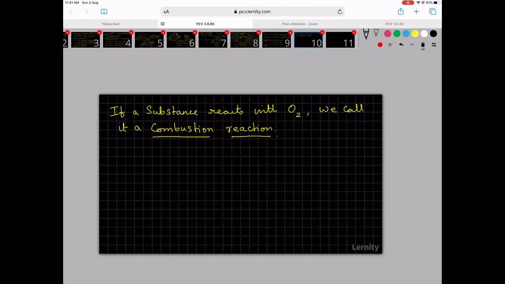If you have magnesium, magnesium will react with oxygen to form 2MgO. Calcium will react with oxygen to form calcium oxide, 2CaO. H2 will react with oxygen to form 2H2O.